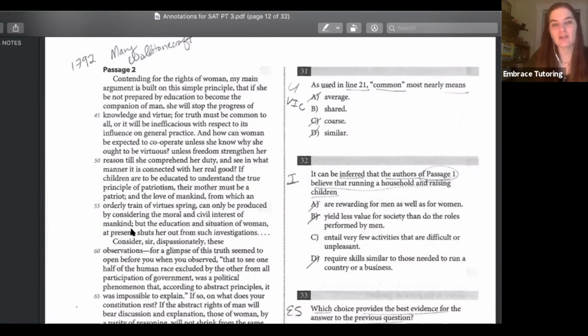But essentially what Mary Wollstonecraft is demonstrating here is that women know that there's this issue. They know that they're not considered equals of men.